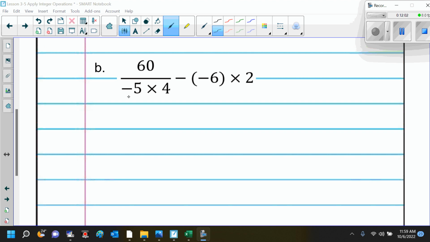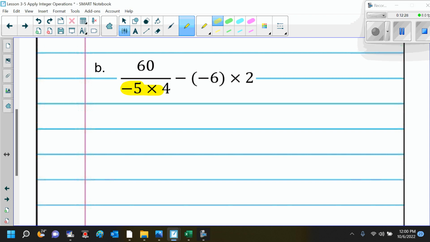So here we have 60 divided by negative 5 times 4 minus a negative 6 times 2. Order of operations says that what are we going to do first? We have to do the grouping symbols first, right? And remember, we said that that fraction bar is a grouping symbol.